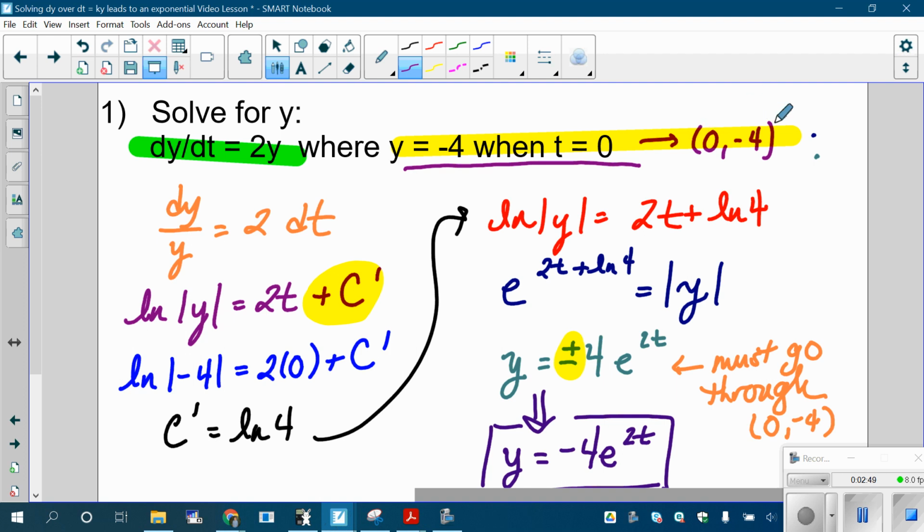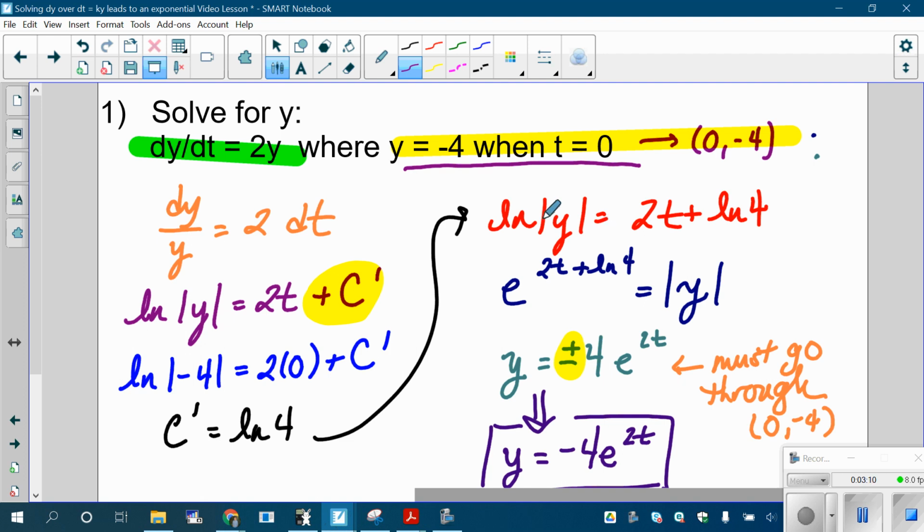So I'm going to plug that in and solve. Math, math, math. I get that c prime is natural log of 4. It's easier to solve for the initial condition here, and then go back, plug it in, and solve for y.